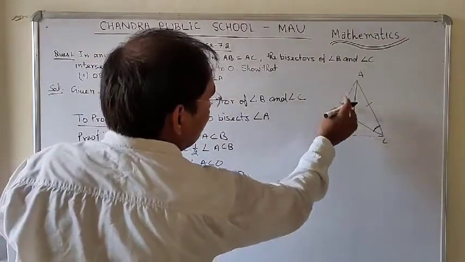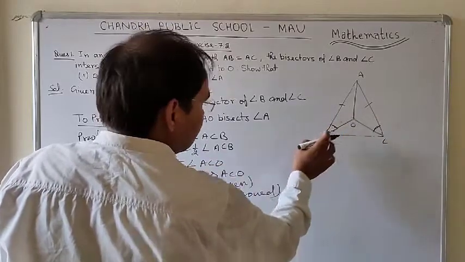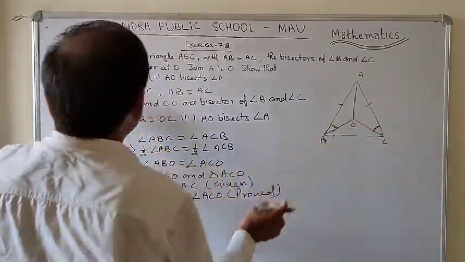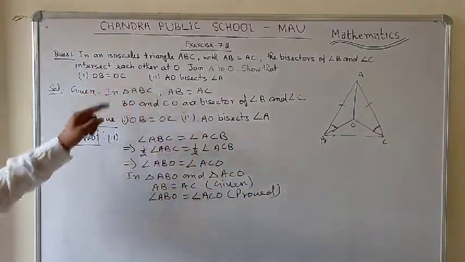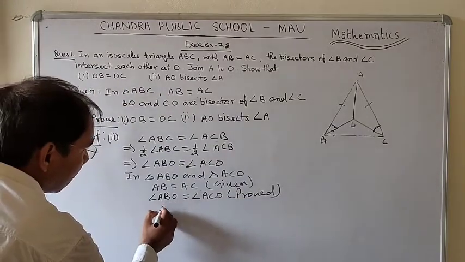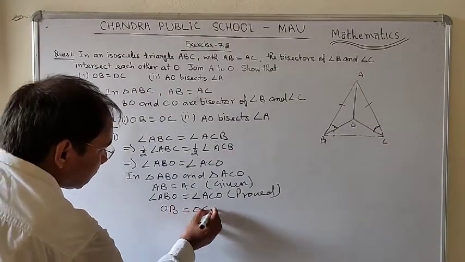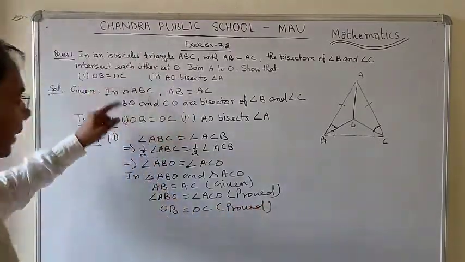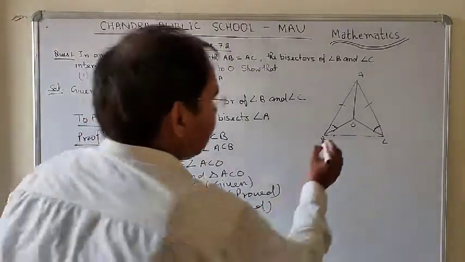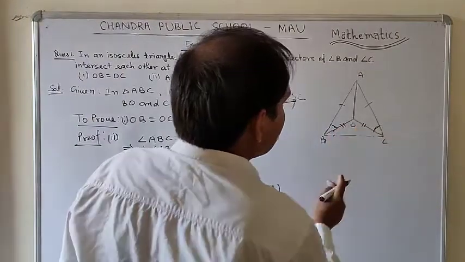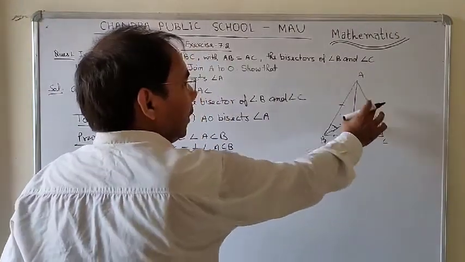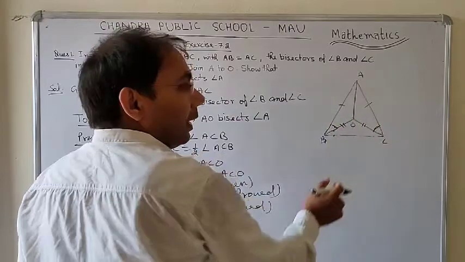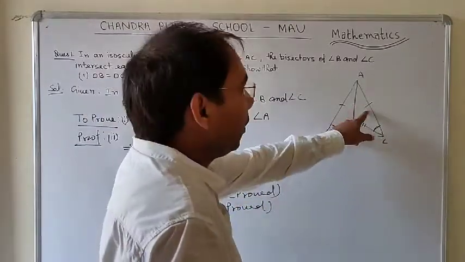So here one side and one angle I have shown to be equal, and OB equals OC, that is already proved. So here OB equals OC, that is also proved in the first part. So these two sides are equal. If in two triangles two sides and the included angle are equal, then both triangles will be congruent.